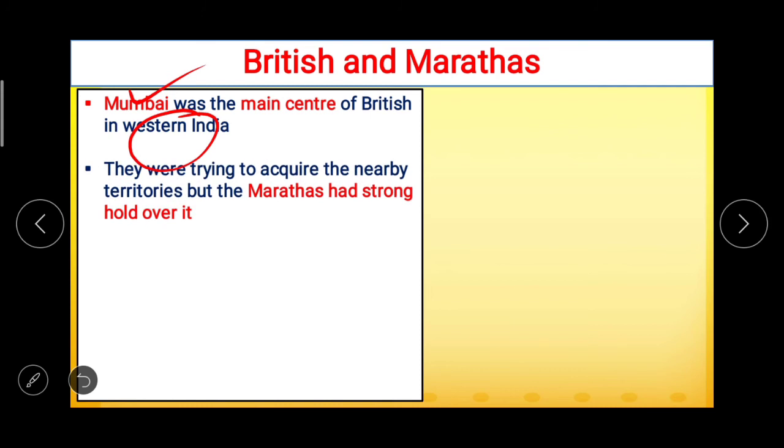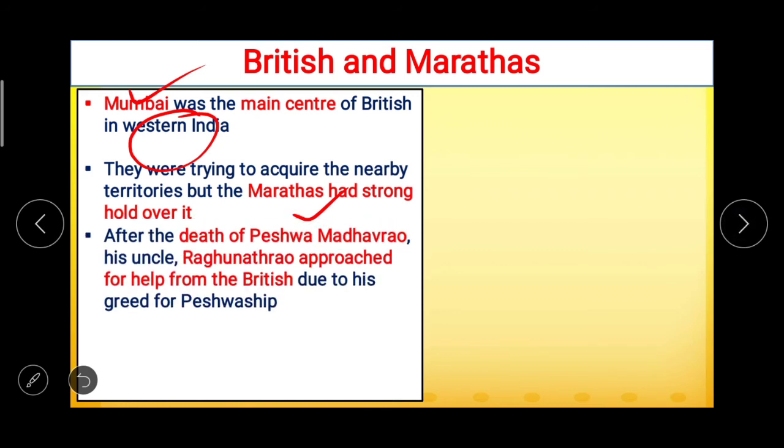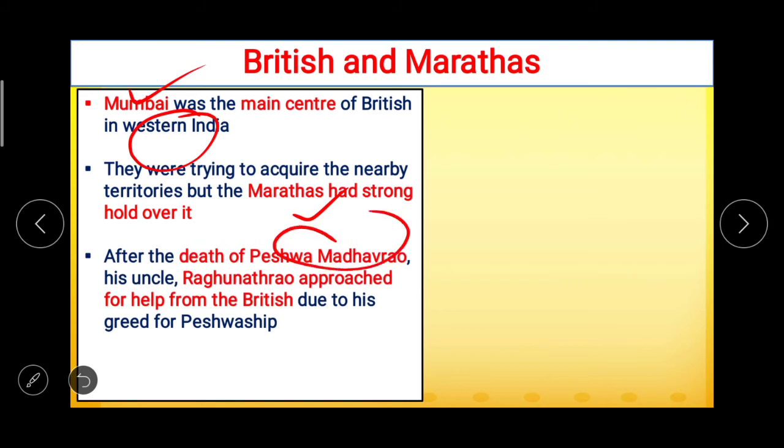They were trying to acquire the nearby territories, but the Marathas had a strong hold over them, and you already learnt that in 7th standard history. After the death of Peshwa Madhav Rao, his uncle Raghunath Rao approached the British for help due to his greed for Peshwaship. And here the British got a small hole.